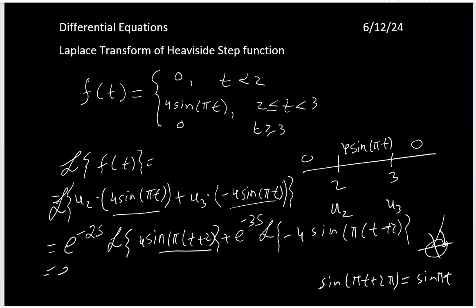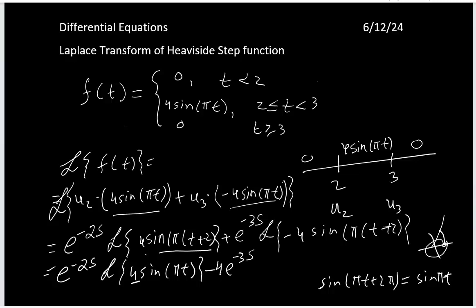So then this one is e to the negative 2s times the Laplace transform of 4 sine pi t. And then you can take this negative outside if you want. Also 4 you can take outside, e to the negative 3s. I could take this 4 also outside, not a problem.